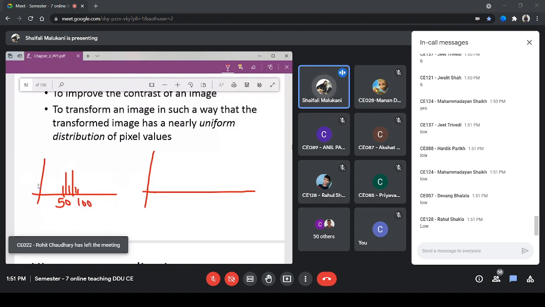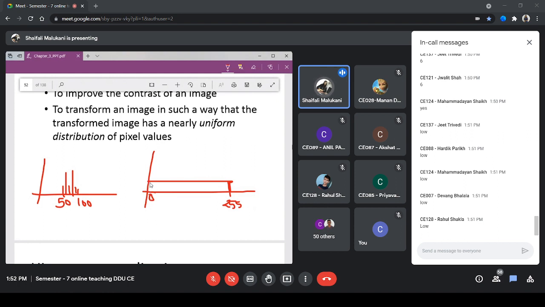But if I equalize it, that means the occurrence of all the possible intensities is almost equal, of course not exactly equal: the occurrence of 0 equals the occurrence of 1 equals the occurrence of 2 equals the occurrence of 255. If I can change it like this, can you tell me what will be the impact on the image? What kind of impact am I expecting on the image?